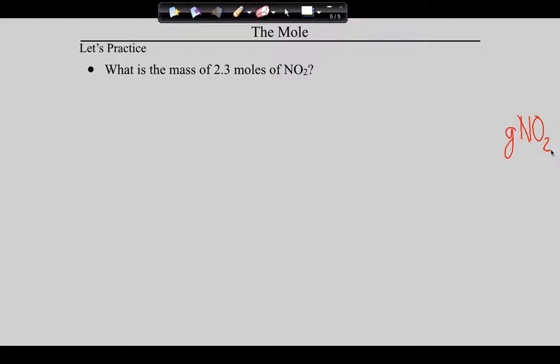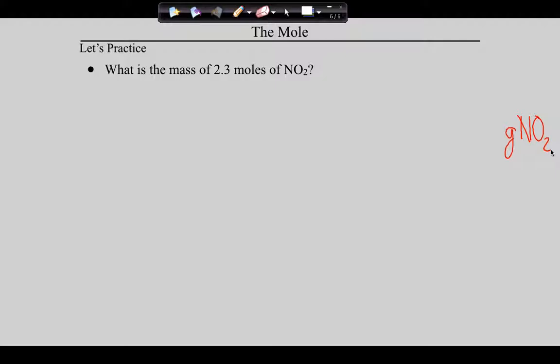Ignore me at your own peril. Because guys, very soon you're not going to be able to solve these problems if you don't identify not just grams, but grams of what. So now guys, step number 2. We need a starting point. It's the only information we're given. 2.3 moles.